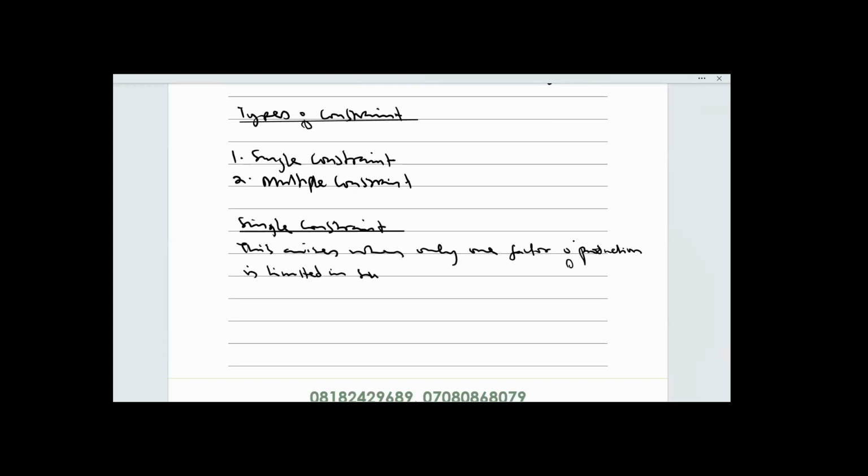For example, raw material kilogram may be inadequate, or labor hours may be inadequate. So when this happens, we say it's a single constraint.